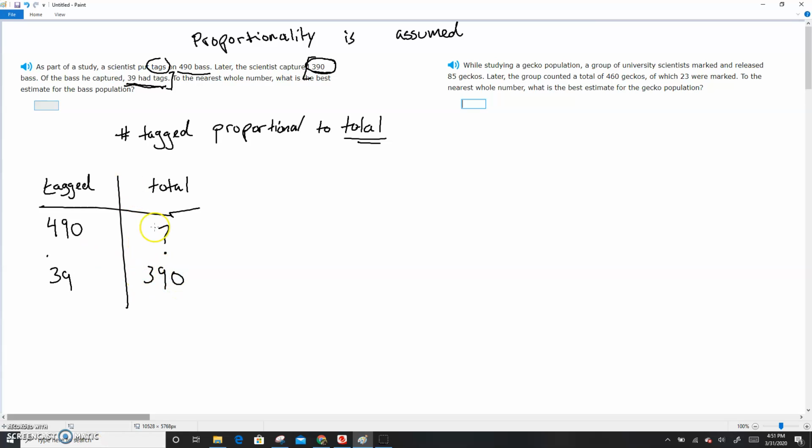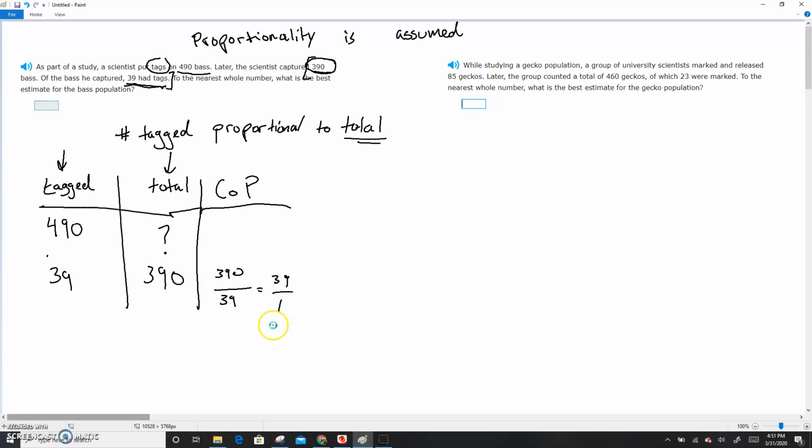So let's solve. There's a couple different ways we can solve this. I'm going to show you two ways. The first, because we know proportionality is assumed, we can find our constant of proportionality. So we have 390 over 39, because again, we do this column over this column, which gets us 39 over 1.